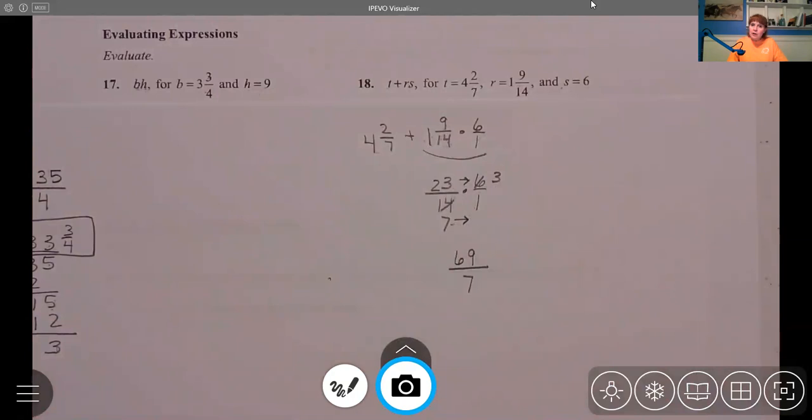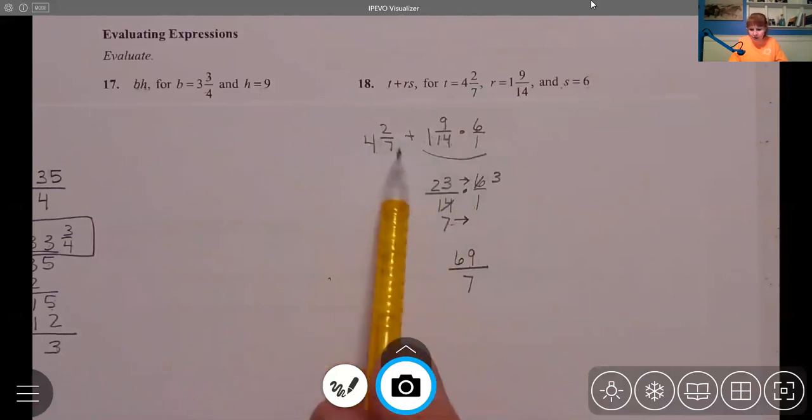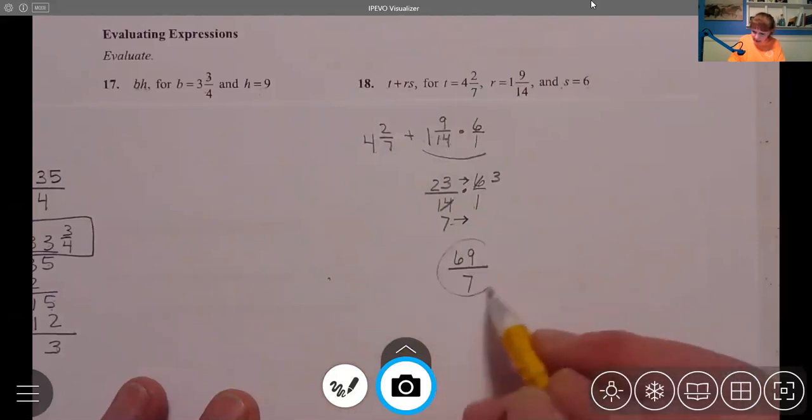And so you could change that back into a mixed number, because when we add or subtract, we usually just keep it as a mixed number. Now you don't have to, you could change this and then change it back once you get your answer. But since I want my answer as a mixed number, I'm going to go ahead and rewrite it.